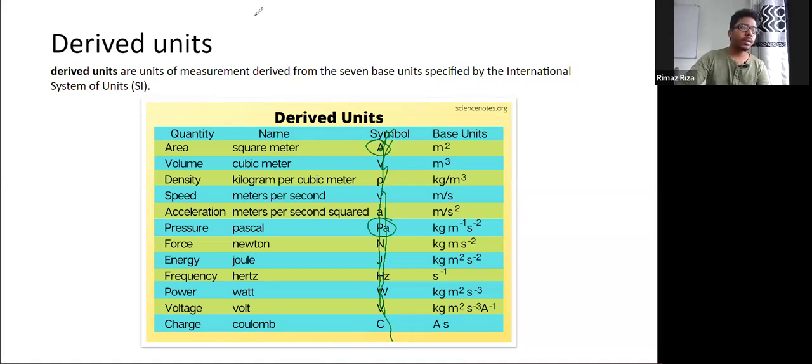First quantity, the physical quantity. The first column has to be the physical quantity and the derivation, or how it's derived. So, let's say, area is length into breadth. So here you can write derivation.